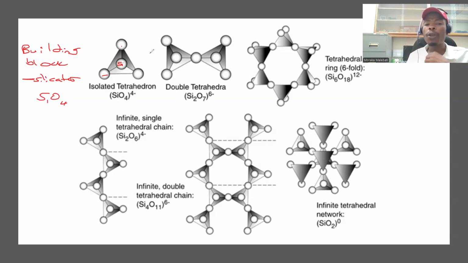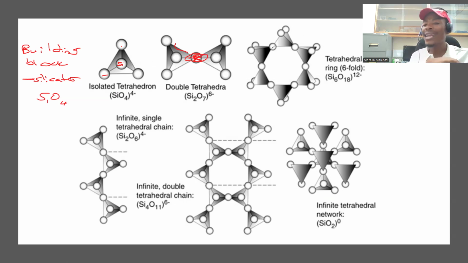And then for the sorosilicates, or disilicates, you have pyramids that bond, meeting at one point. That's why we say a double tetrahedra, because we have two pyramids sharing one point.